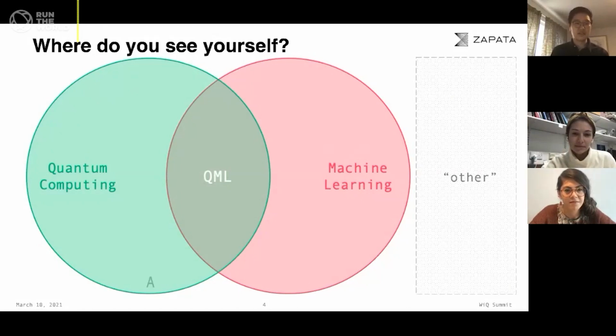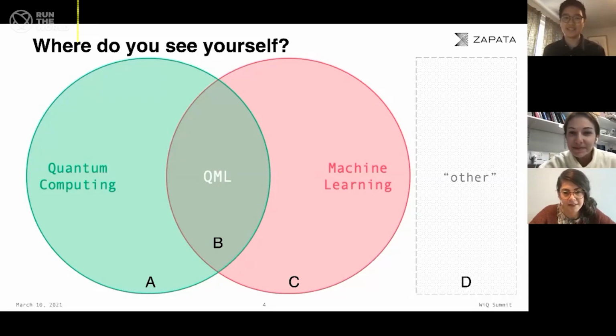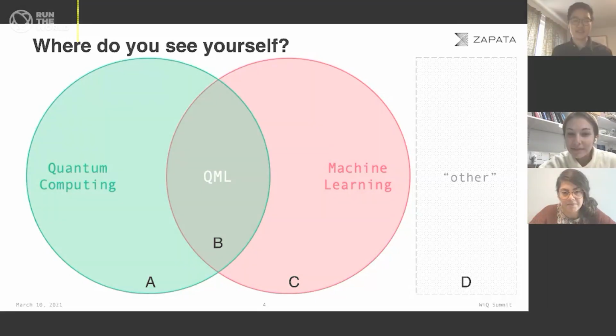Here are the four options. Kaitlin or Marta, could you let me know when the poll has been completed? Because I can't view it from the presenter mode.